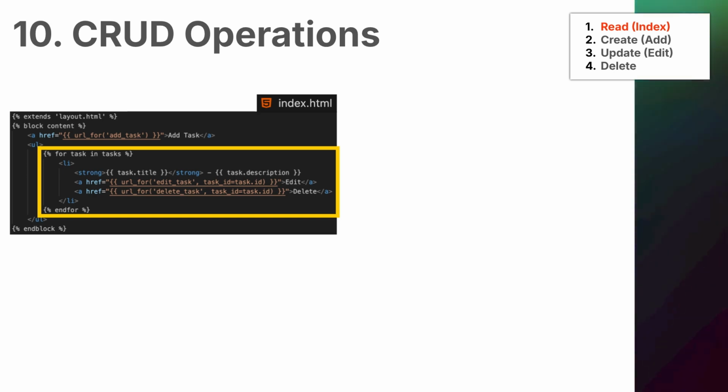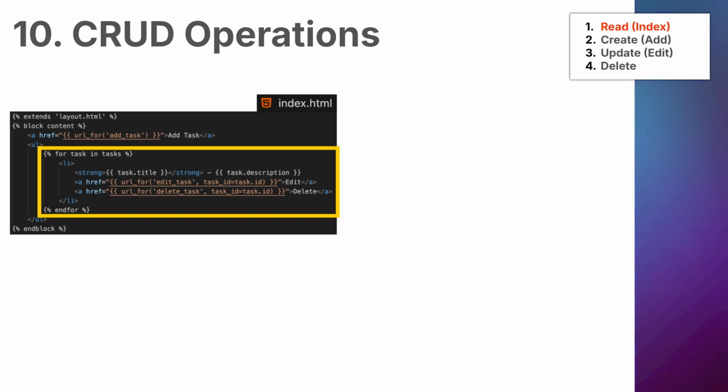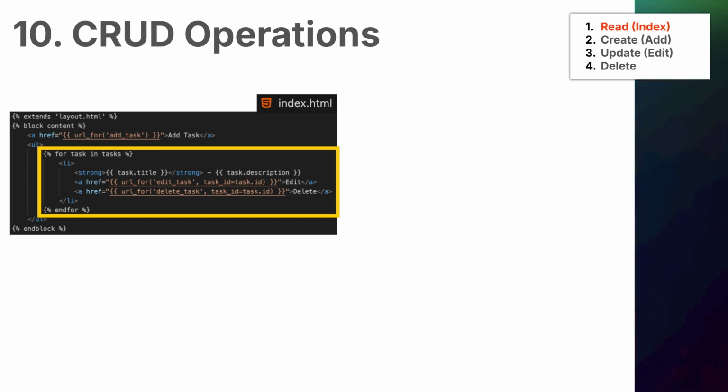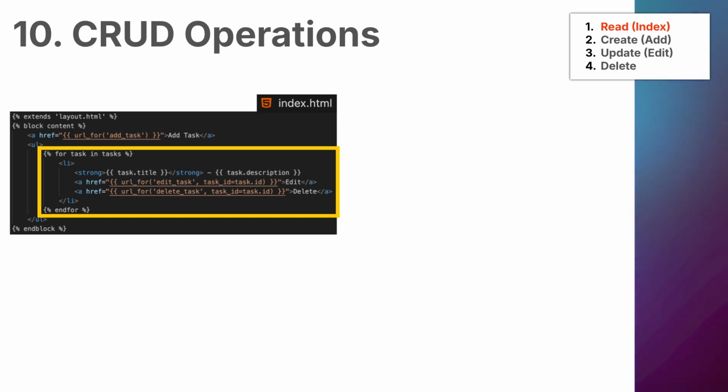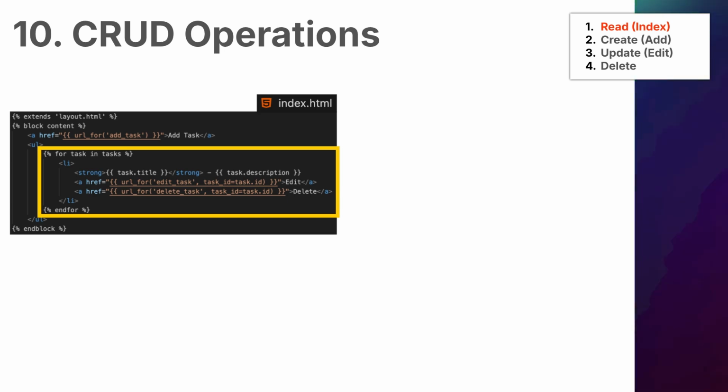The for loop starts a loop that goes through each task list item. Each task list item includes the task title in bold and its description. It also adds edit and delete links for each task. The task.id passes the task's unique ID to the route, because we must specify which task we want to edit or delete by its ID. Then endfor ends the block that loops through all tasks.